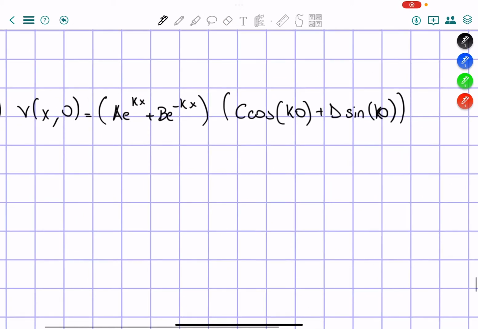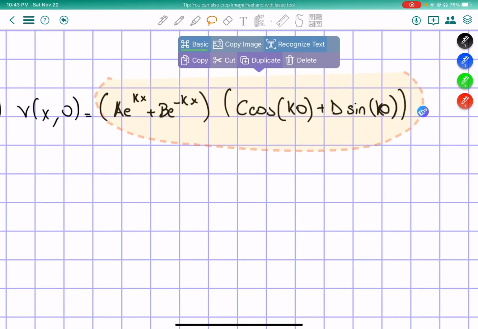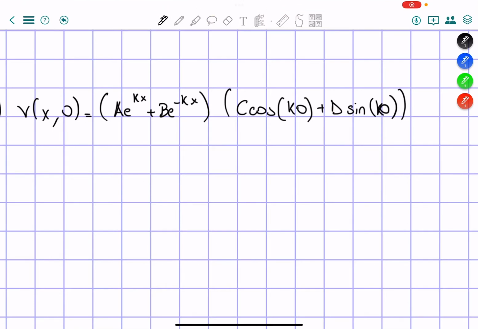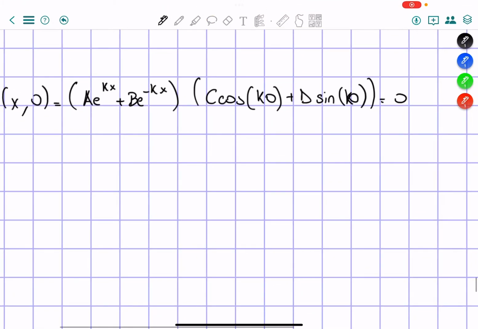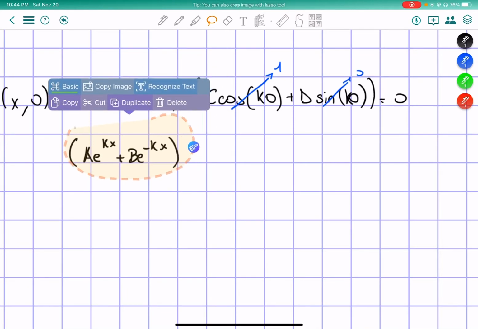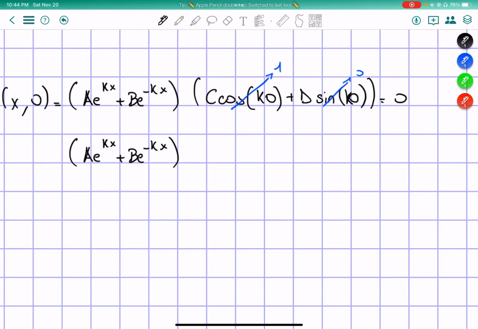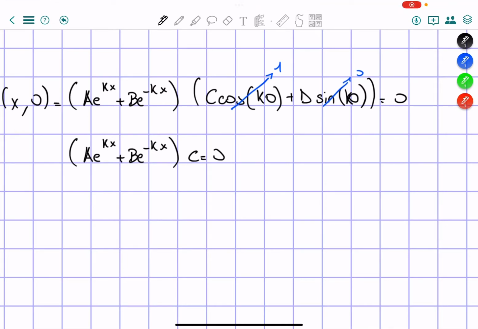So the first a and b terms don't really care about whether y is equal to 0 or not. And we know that this has to be equal to 0. And we know the cosine of 0 is equal to 1, and sine of 0 is equal to 0. So here we will get this same part times c is equal to 0. The only way we can get 0 is if c is equal to 0.